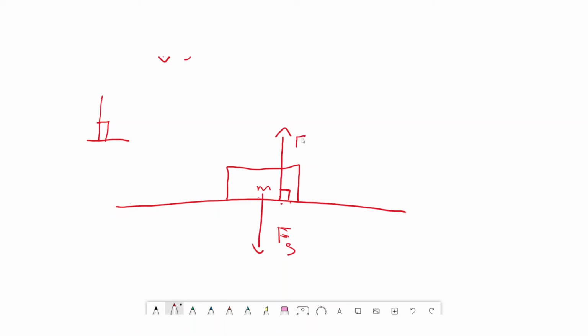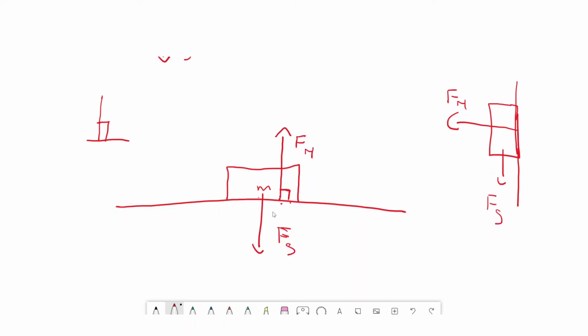So there's always going to be a force that is called a normal force, which means that if I have an object and my object has a surface like this, the normal force is going to be in that direction. And the gravity is going to be in that direction.